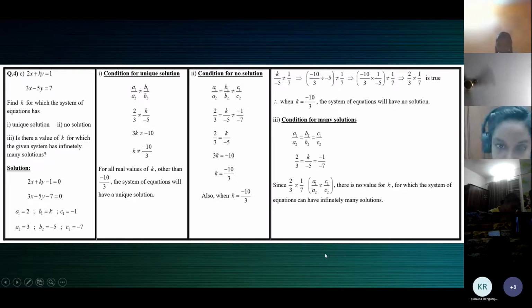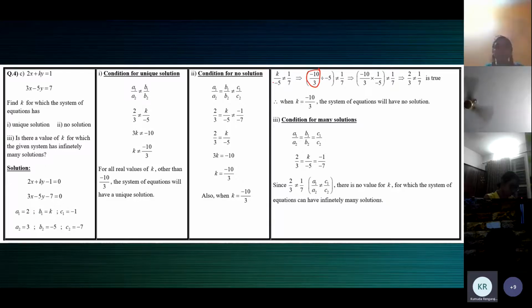Done, children? One minute, ma'am. I'll just explain this one alone. Here, when we substitute the value of k, k is minus 10 by 3. So k divided by minus 5 is minus 10 by 3 divided by minus 5, which is not equal to 1 by 7.